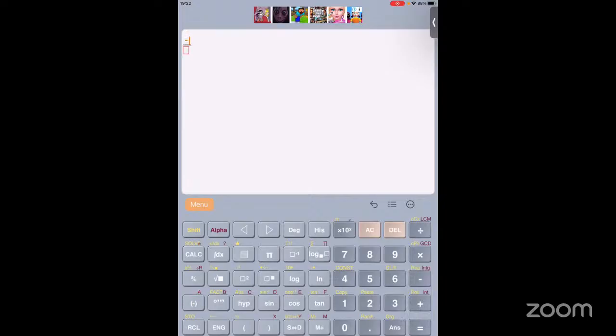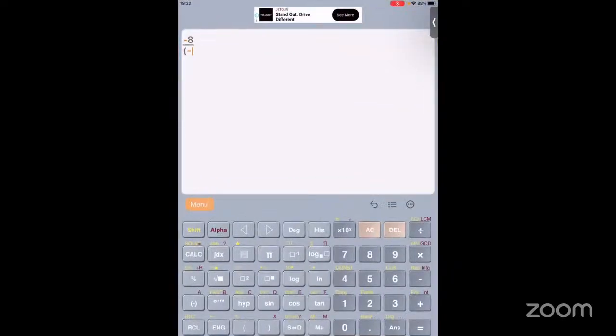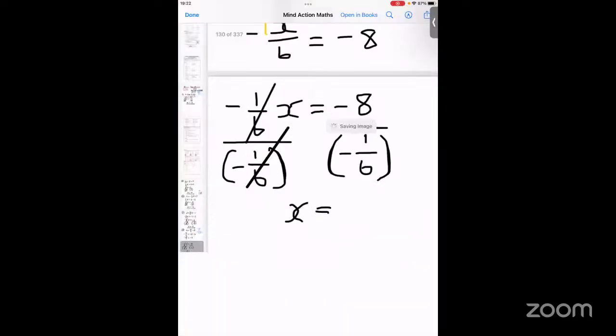You say negative 8, then you go to the bottom, you open a bracket, you say negative 1 over 6. Yes, you therefore say negative 1 over 6. This is how you must punch it on the board, exactly how you've written it. And it will give you 48. So your answer there is 48.